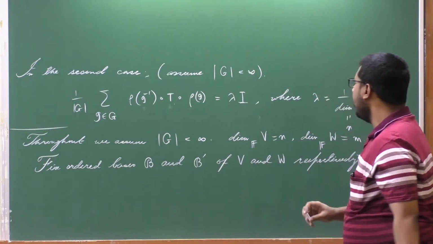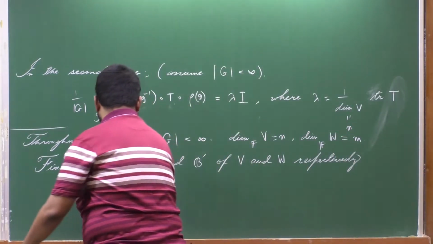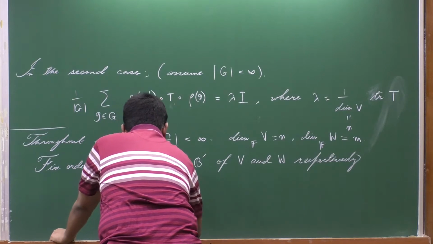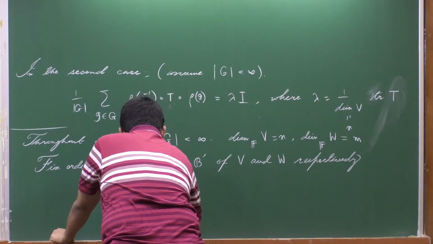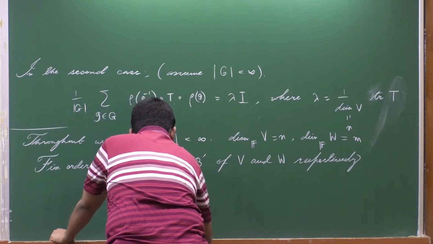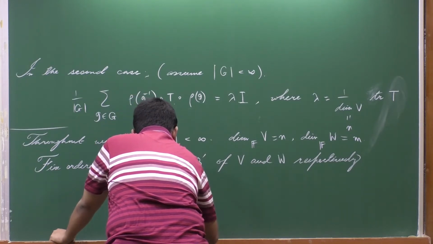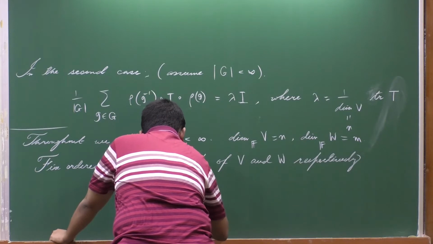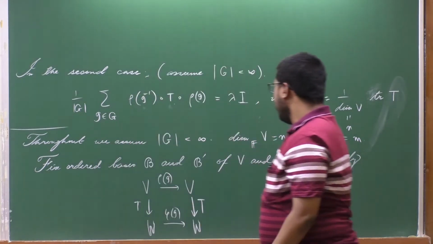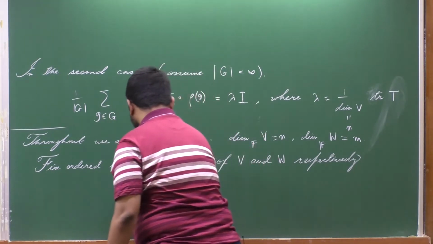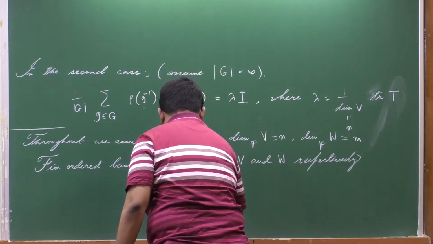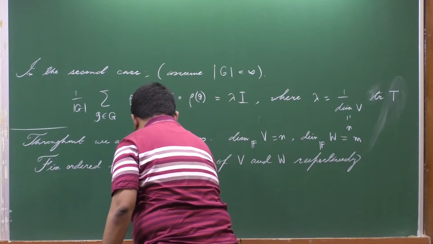So therefore we have the following, that for any g, here we have beta prime.